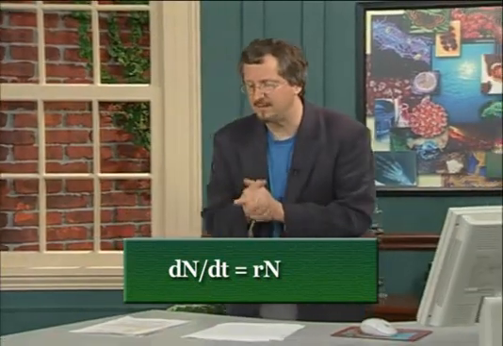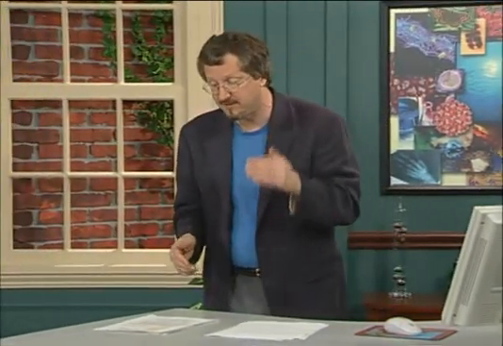Now, the point of developing this equation is that we now have a relatively simple relationship that gets to the gist of what we need to know in order to determine the future size of a population in terms of just two parameters: the present size of the population, which we've called n, and the per capita growth rate for that population, which we've called r. In fact, r, the difference between birth rate and death rate, is really what tells us most of what we need to know.